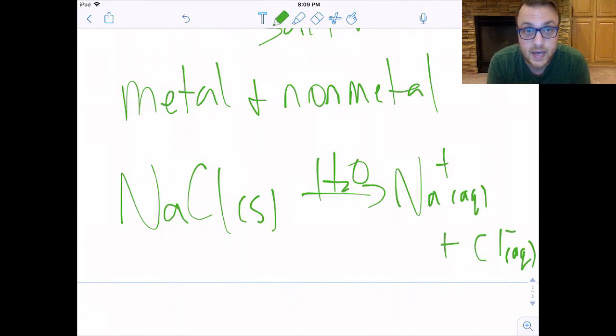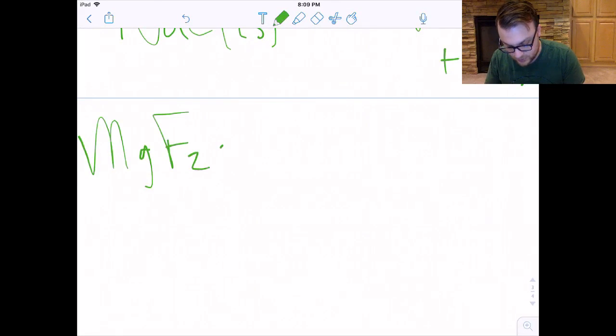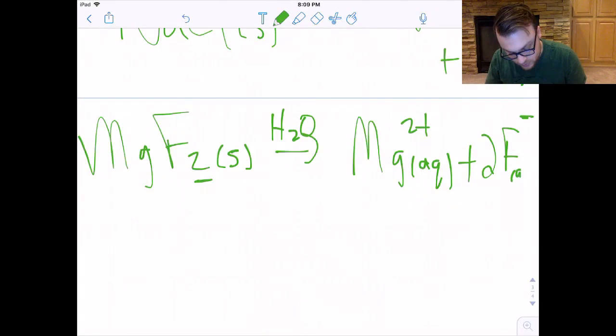So when you dissolve ionic compounds in water, they dissociate. You can do this with any ionic compound. MgF2 as a solid, dissolved in water, gives you Mg with a charge of +2, and 2 Fs, each charged -1.